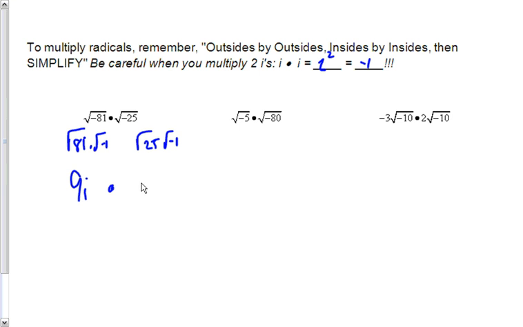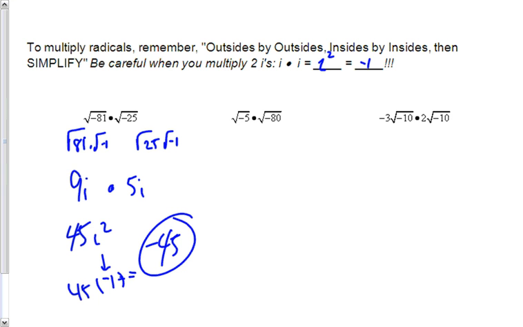Well, the square root of -25 is just 5i. 9 times 5, well, that is just 45. i and i give me i squared. Now, i squared, wait a minute, we just said that is -1. So 45 times -1, it's actually just -45 is the answer here.